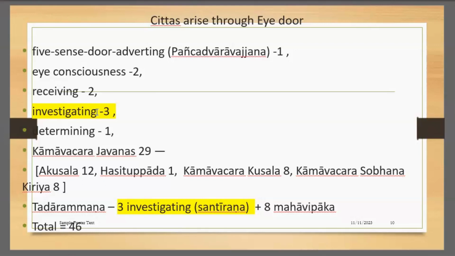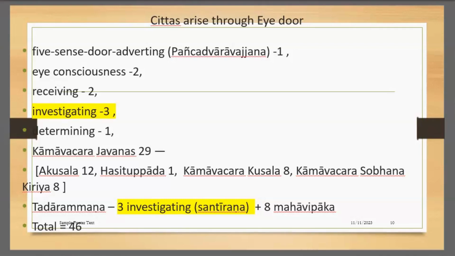When we learn the Chittas that arise through the eye door, we substitute ear door, nose door, tongue door and body door with the relevant consciousness. Please remember the thought process.